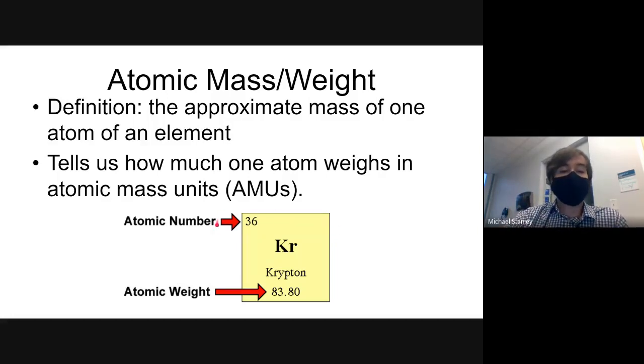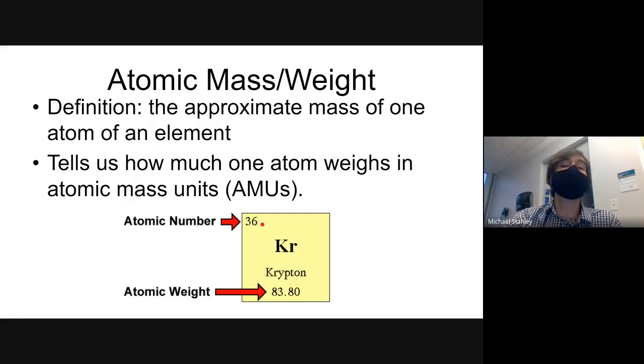Now, while the atomic number directly tells us the number of protons that an atom has, unfortunately, the atomic weight on its own does not tell us about the number of protons or neutrons or anything like that. Luckily, we can still use the atomic weight in order to figure out our number of neutrons.